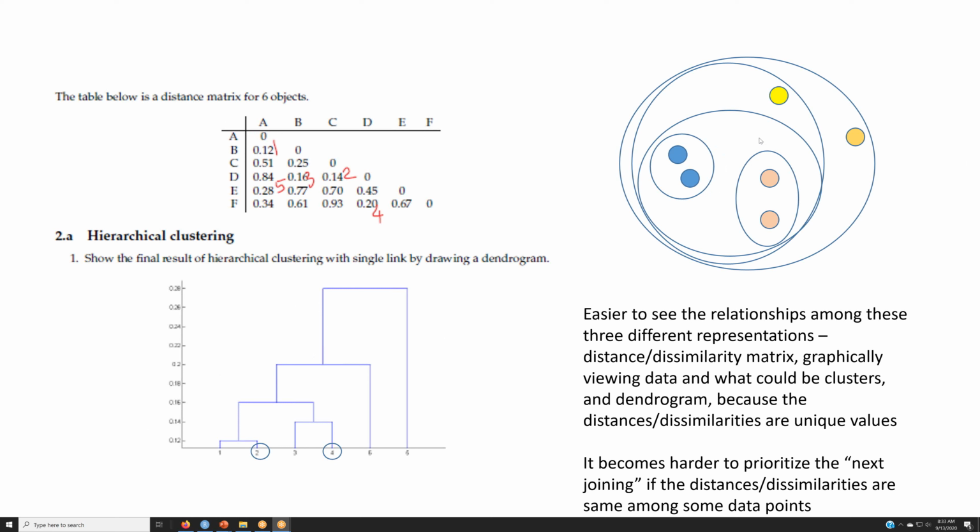So when will this get connected? These two are already connected by the time we reach 0.16. These 4 points, this collection of 2 and this collection of 2, get connected. That's what this circle means: when we reach 0.16 distance, that is the minimum distance of these 2 points with respect to these 2 points. That is what single linkage is, minimum of minimum.